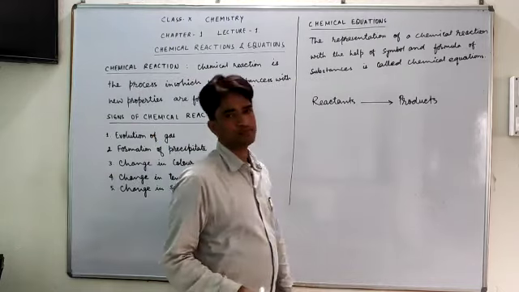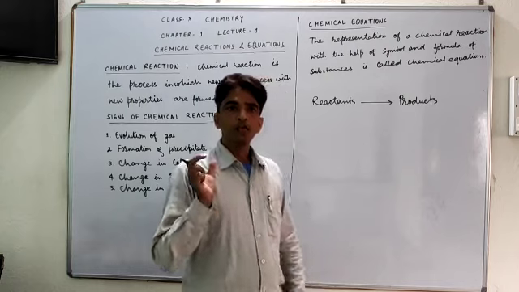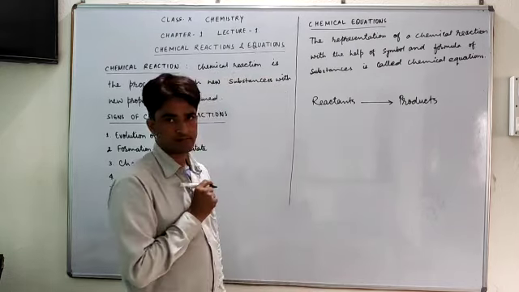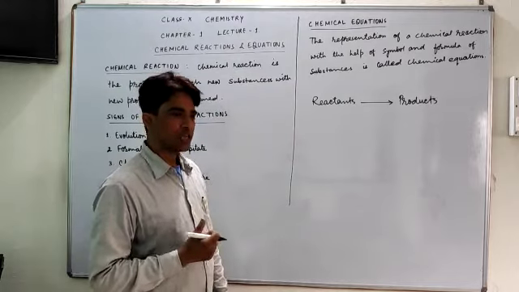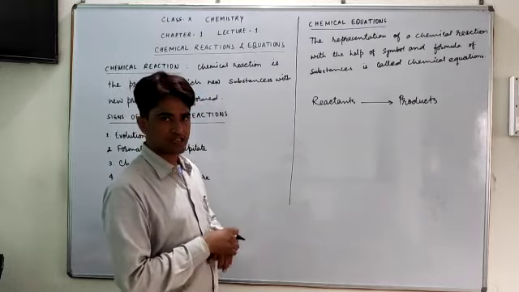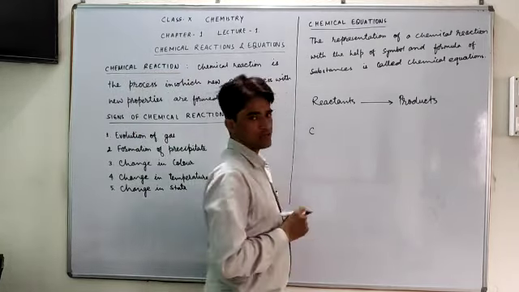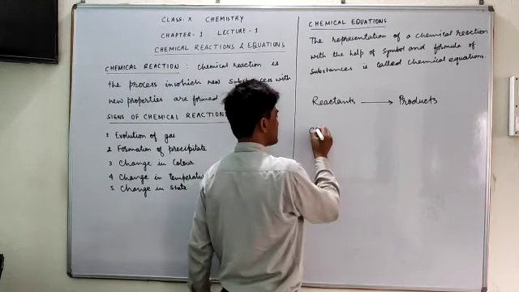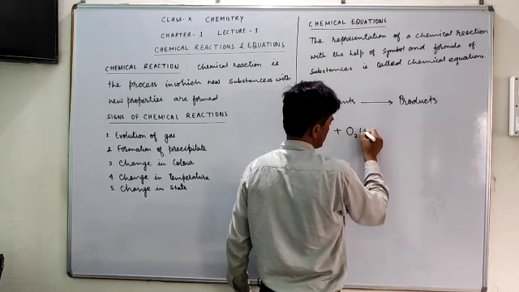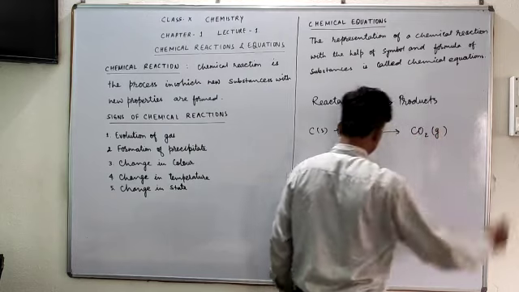Let us take an example: burning of coal. When coal burns in air, it forms carbon dioxide. This is a chemical reaction. And how can we represent this chemical reaction with a chemical equation? We should write the symbol of carbon, the formula of oxygen, and the formula of carbon dioxide.